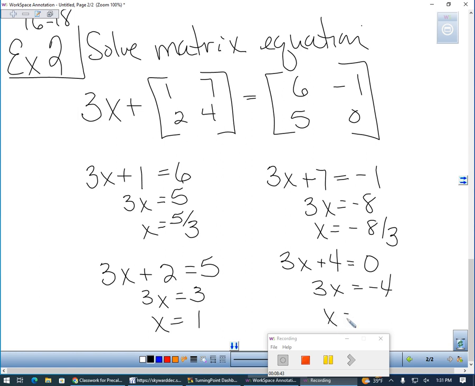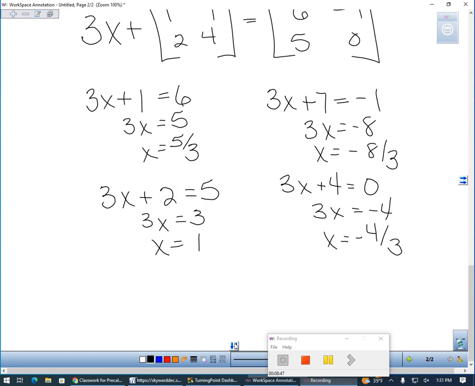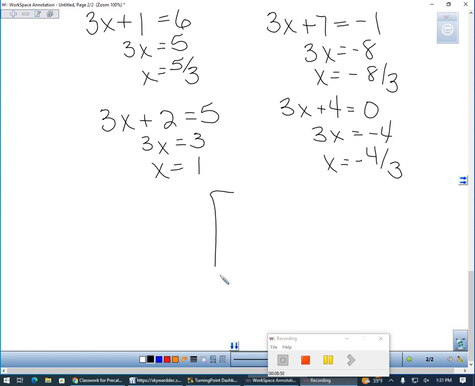So x equals -4 thirds. And of course, you've got to finish by writing your answer in a matrix, a 2 by 2. So we have 5 thirds, -8 thirds, 1, and -4 thirds. Are there any questions so far?